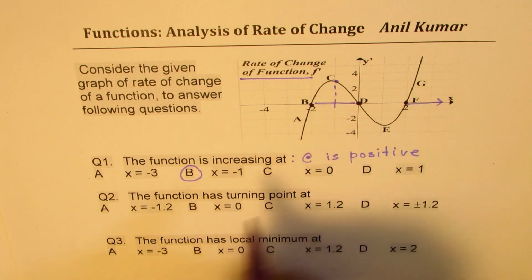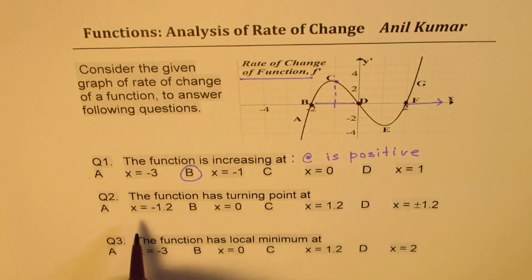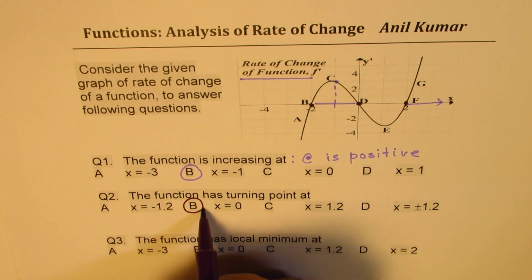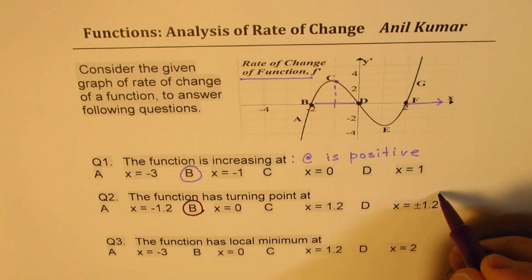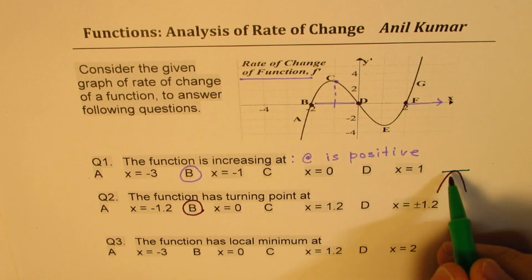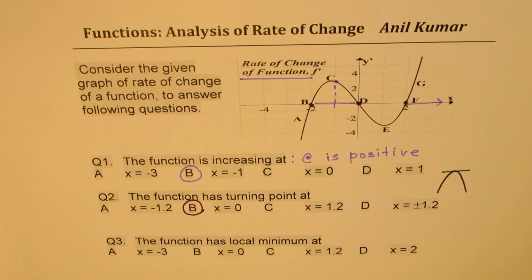So any one of these could be in your answer. So let's check. 0 is there. So that is the turning point of the function. So if the function has a turning point, then the rate of change at that particular point is going to be 0, right? So this will be horizontal, correct? So that will be 0. So that is how you identify the turning points of the function. Is that clear to you?